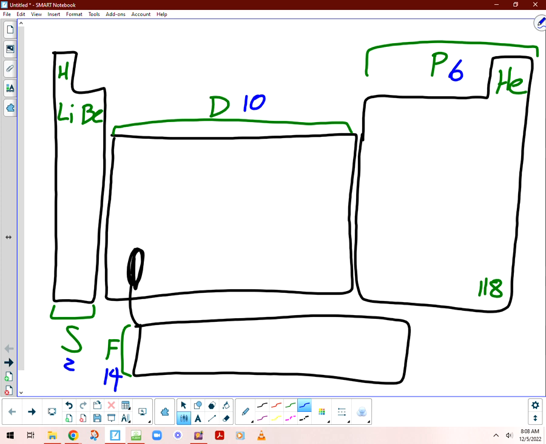Now it's also organized out the columns, the up and down columns on the periodic table. These are known as groups or families. And elements that are in a certain group all have similar properties because they all have the same number of valence electrons. Okay? You're talking about group 1, group 2, the alkali metals, the alkaline earth metals.